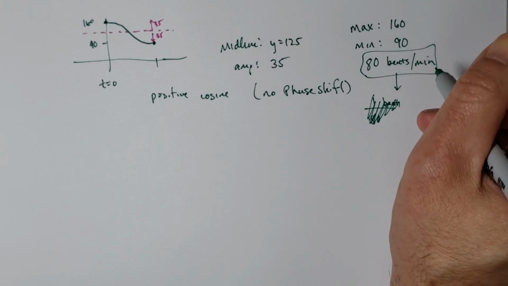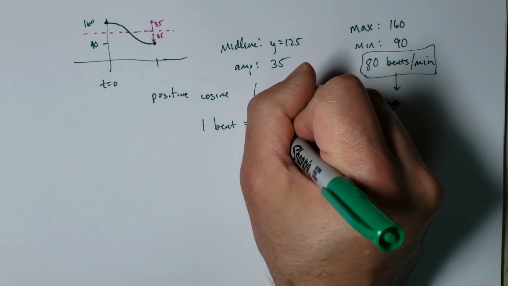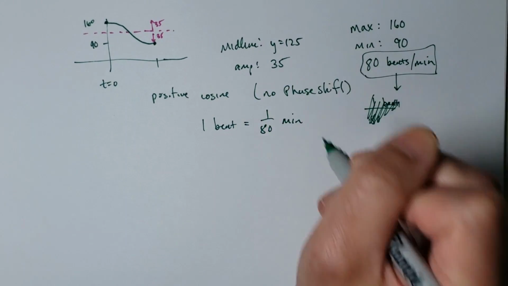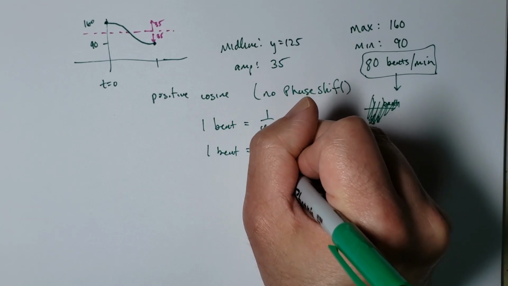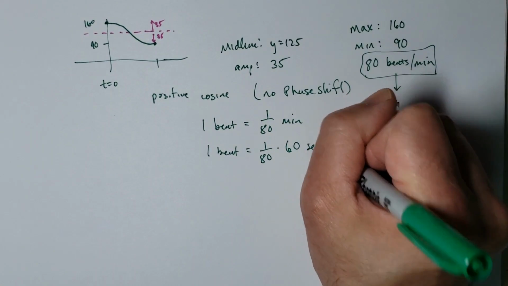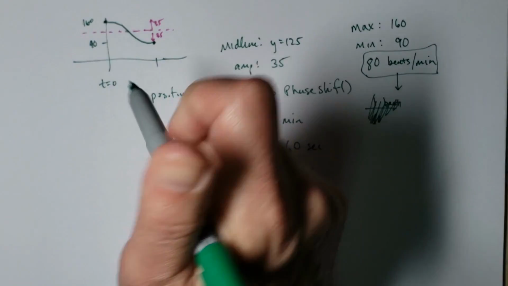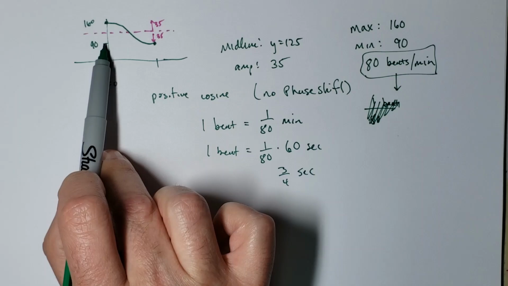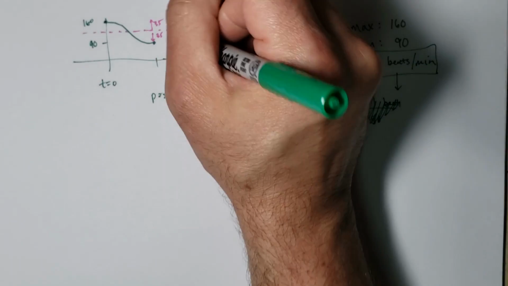So 1 beat is equal to 1/80th of a minute, or 1/80th times 60 seconds, which is 3/4 of a second. So the time it takes to complete 1 beat is 3/4 of a second.